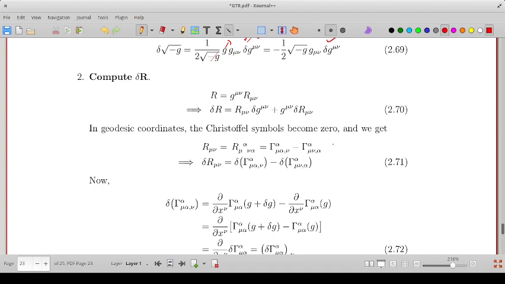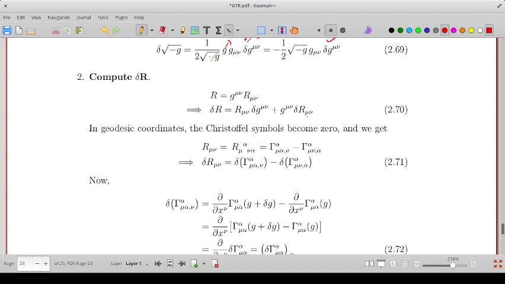But since gamma terms are all 0 in the geodesic coordinates, we can neglect the other two terms. Whereas in these two cases, they involve derivatives of the Christoffel symbols. So in geodesic coordinates, we can set the Christoffel symbols to be 0, but not their derivatives. And therefore, in geodesic coordinates, r mu nu can now be written as gamma alpha mu alpha comma nu minus gamma alpha mu nu comma alpha.